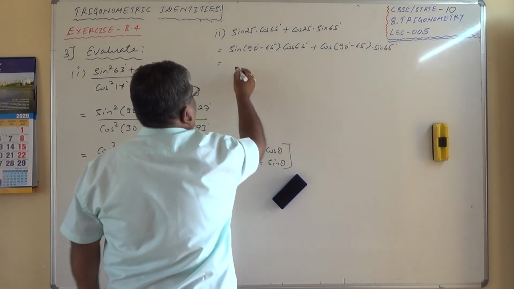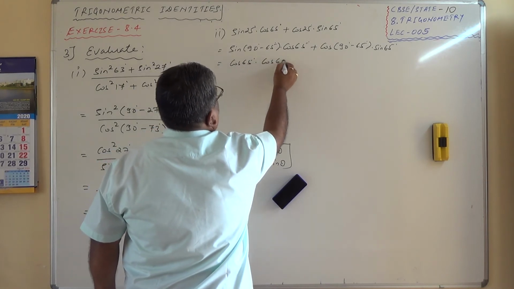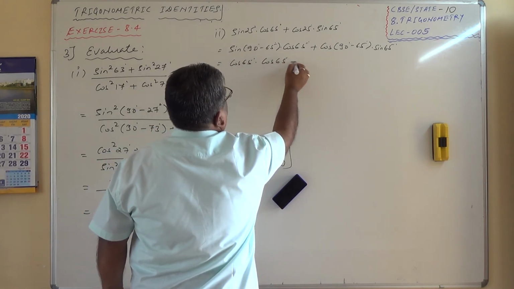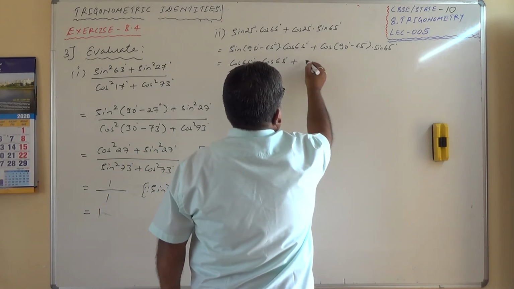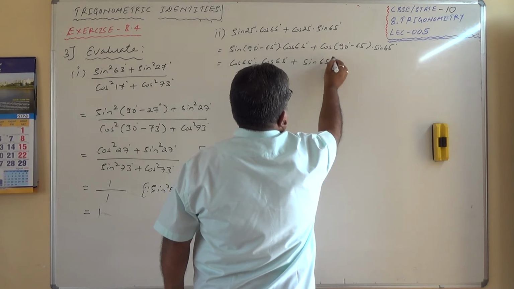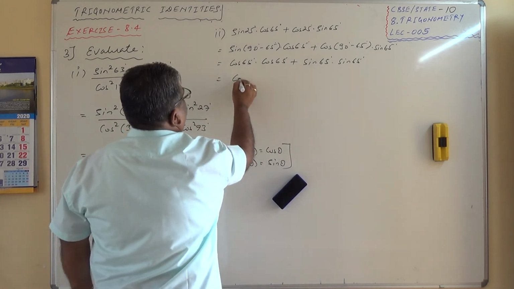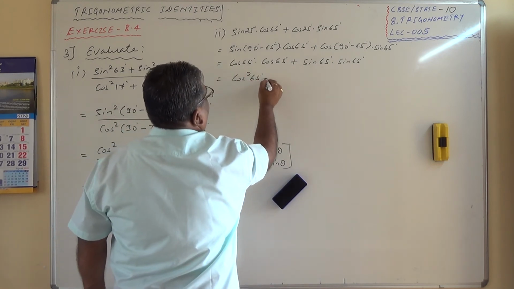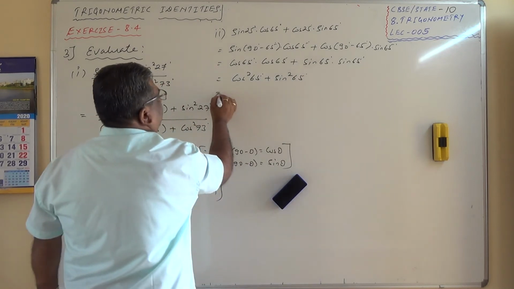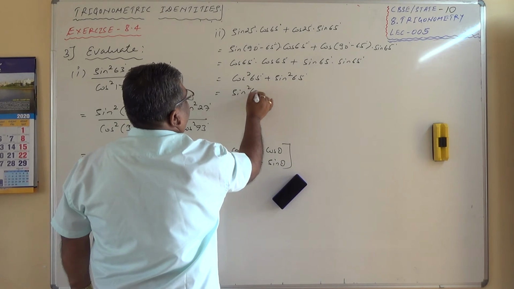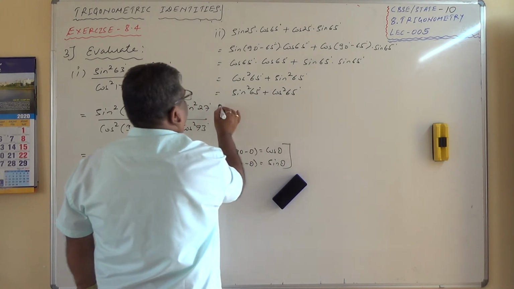Sin 90 minus 65 is nothing but cos of 65, into cos of 65, plus this is sin of 65 into sin of 65, which is cos square 65 plus sin square 65, which can be written as sin square 65 plus cos square 65, which equals 1.